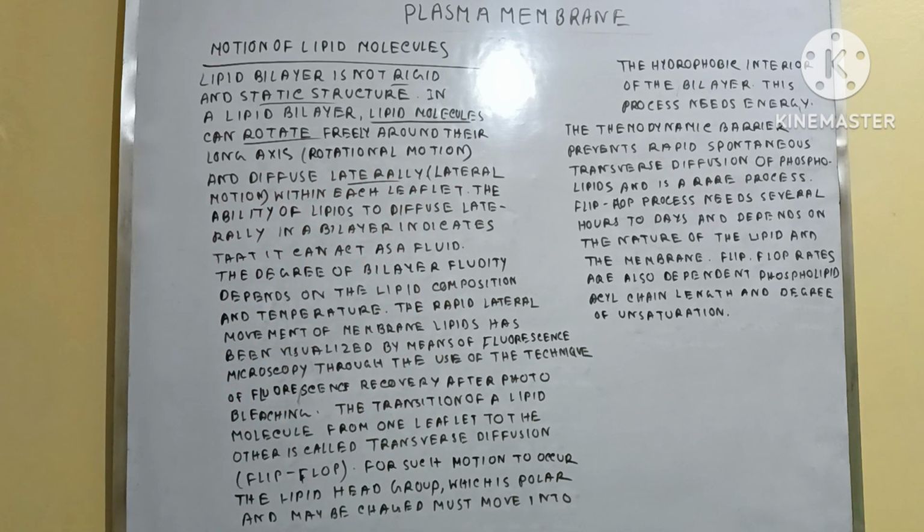Two types of movement of lipid molecules are generally seen: one is rotational movement, another is lateral motion. What is rotational movement? When the lipid molecules rotate freely around their long axis, this is called rotational motion, and when they diffuse laterally, this is called lateral motion.